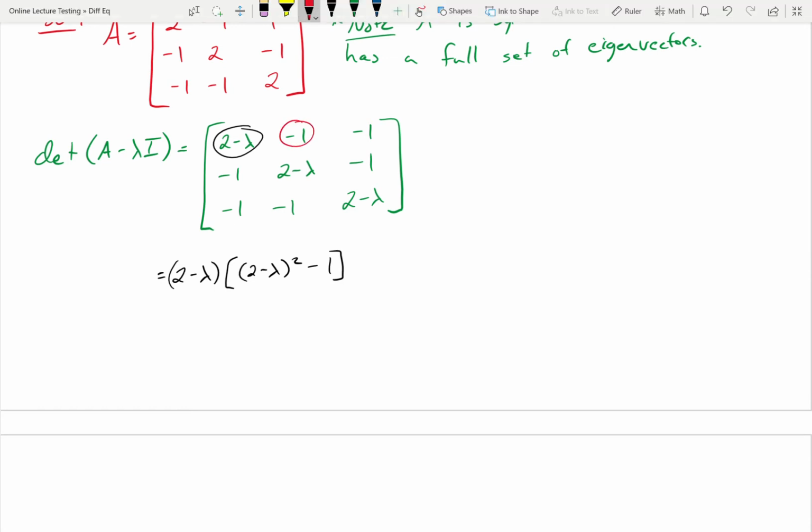All right, in red, here's our second one, minus negative 1 times its minor of -1 times 2 minus lambda, minus -1 times -1, so that's going to be minus 1.